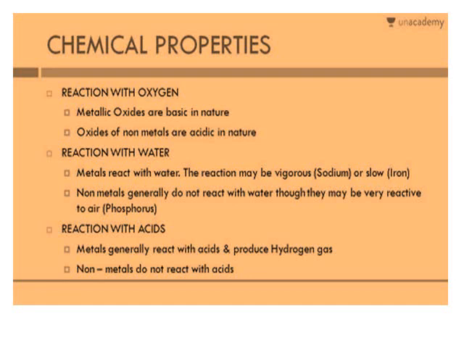The reaction may be vigorous in the case of sodium or slow in the case of iron. Nonmetals generally do not react with water, though some may be very reactive, such as phosphorus. Reaction with acids. Metals generally react with acids and produce hydrogen gas. Nonmetals do not react with acids.